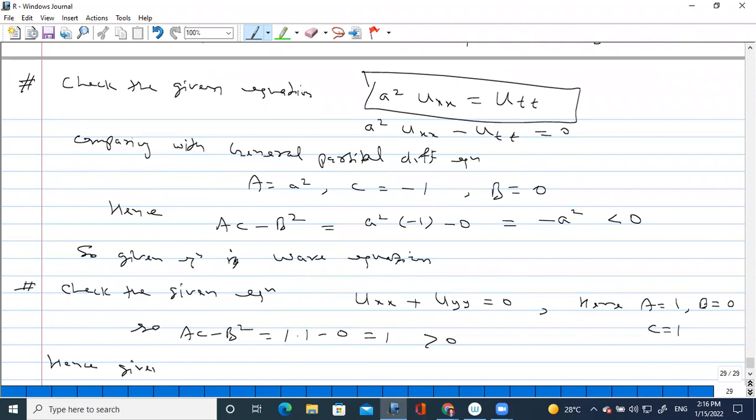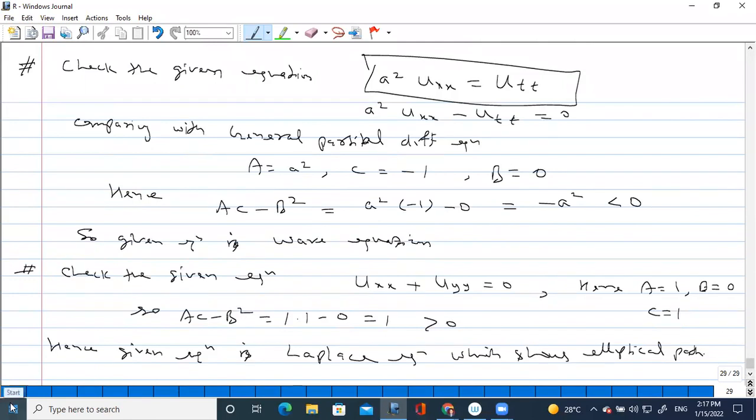Hence, the given equation is the Laplace equation, which shows an elliptical path. Okay, so note this down. Like this, we can recognize any equation.